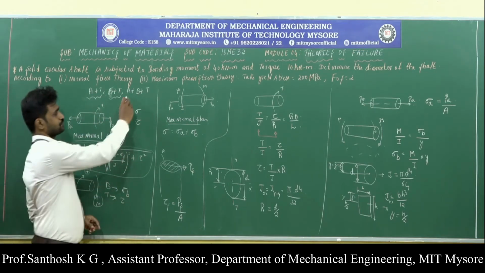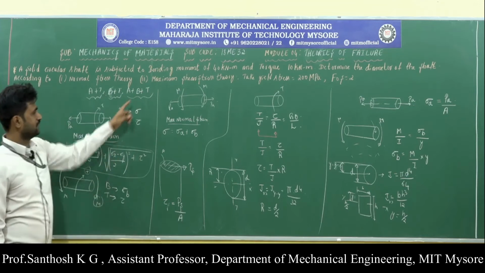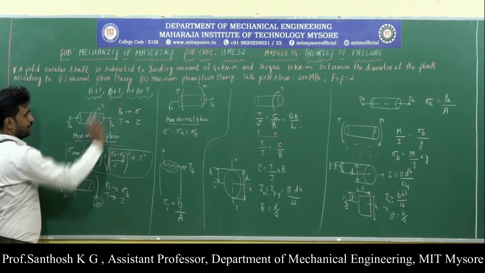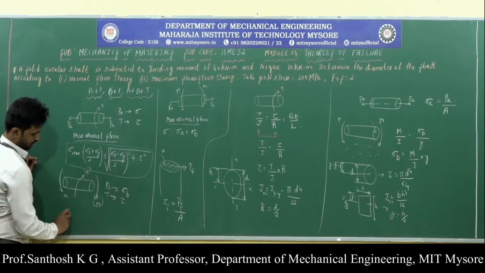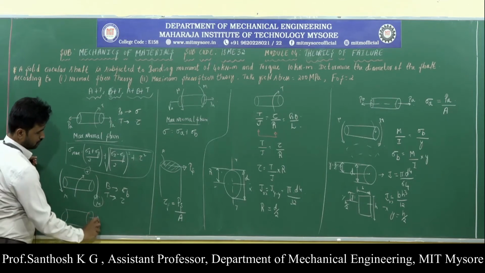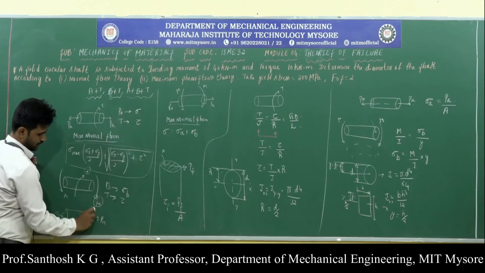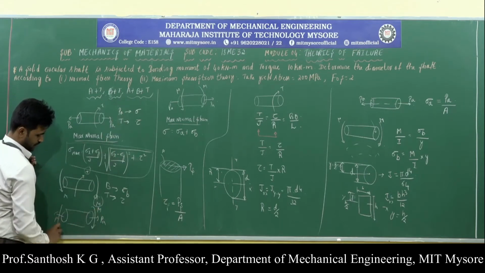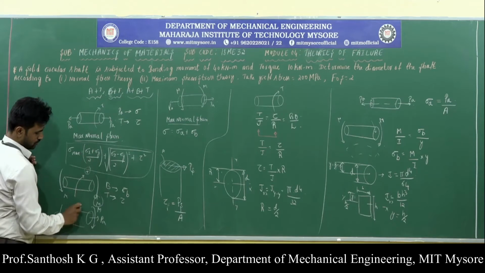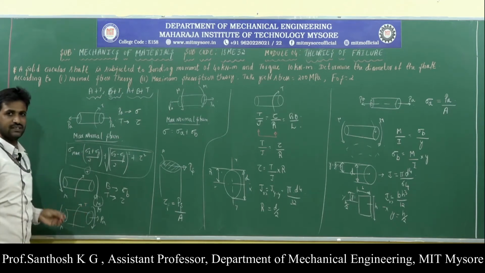Now if I take case 3, the given member will be subjected to three kinds of loading. The first load is an axial load, the second load is a bending moment, and the last load acting on the member is torsion.